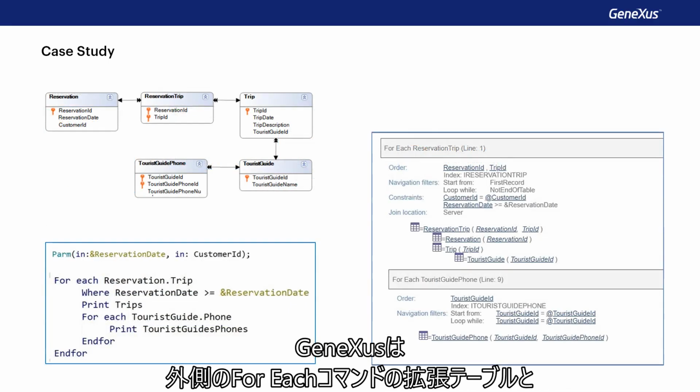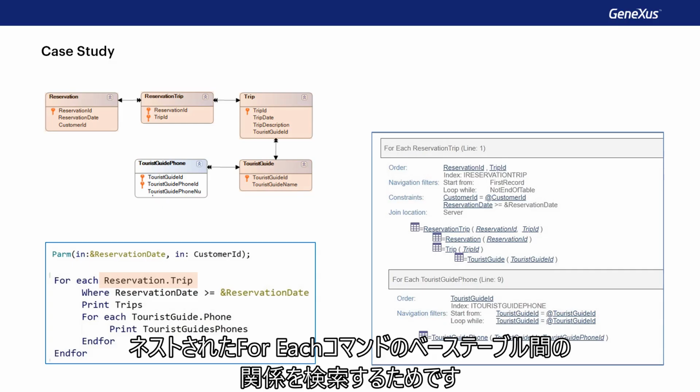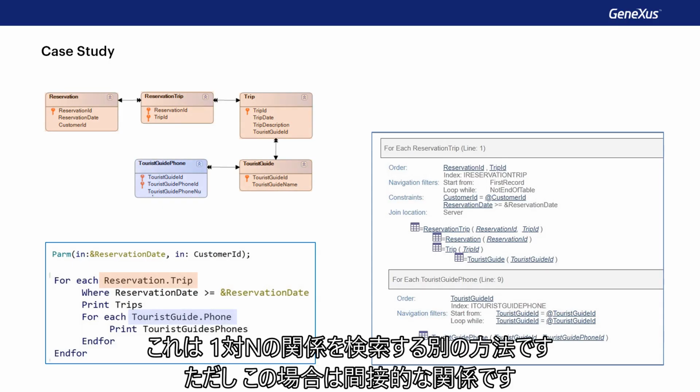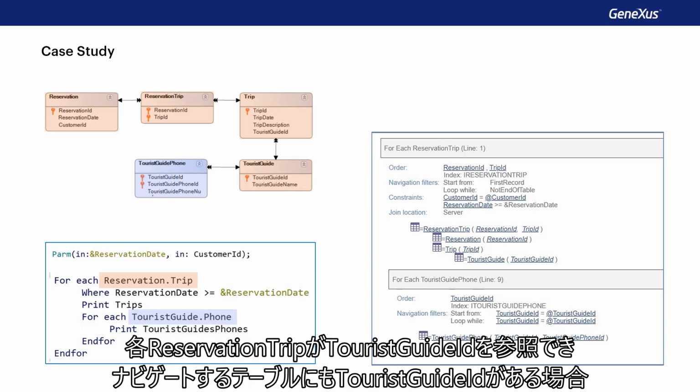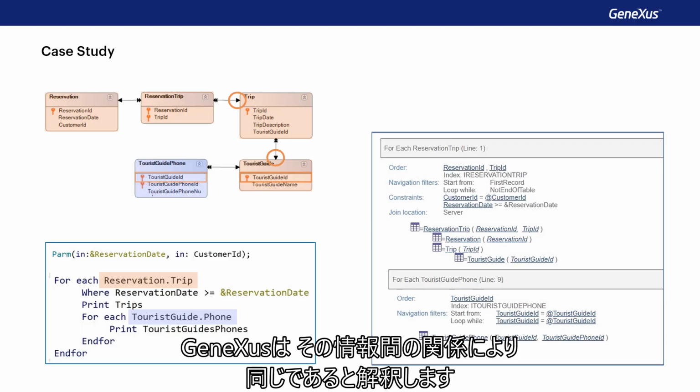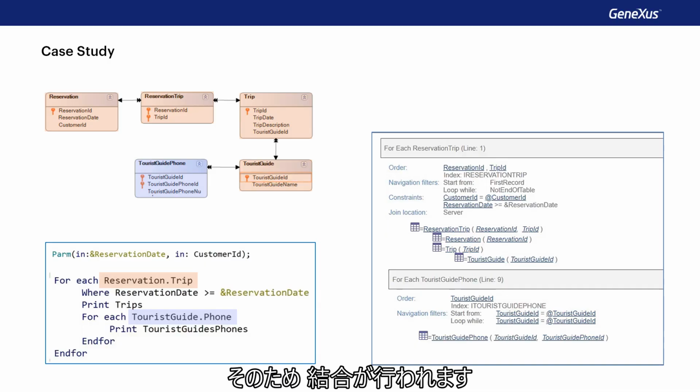Because GeneXus looks for a relationship between the extended table of the external for each command and the base table of the nested for each command. It's another way of looking for a one-to-n relationship, although in this case, it's an indirect one. If each reservation trip has a tourist guide ID, and in the table to be navigated, there's also a tourist guide ID, then GeneXus understands that due to the relationship between the information, it'll be the same. And that's why it'll make a join.